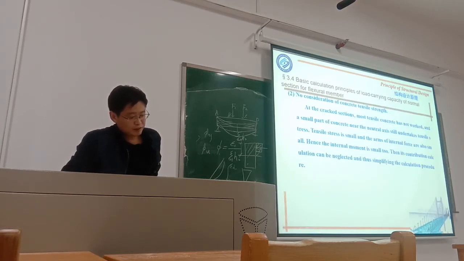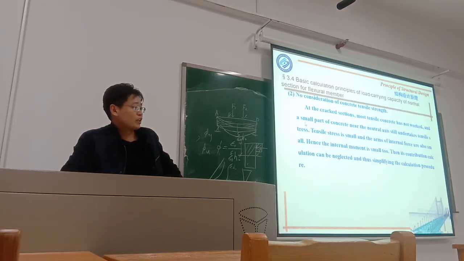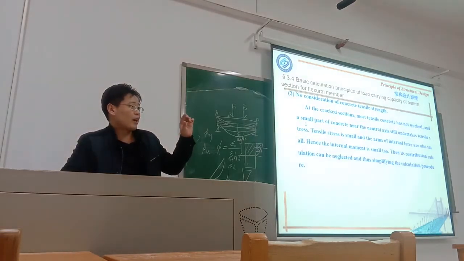The second assumption is no consideration of concrete tensile strength. In the cracked section, most of the tensile concrete has not worked, but in the real situation a small part of the concrete can still resist some tensile force.